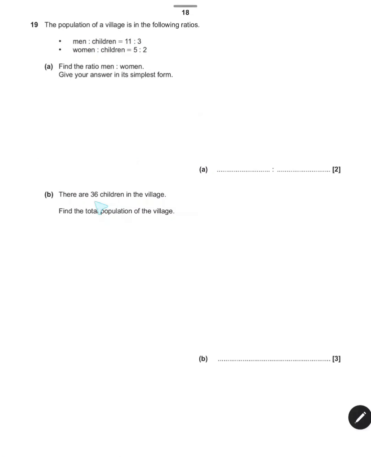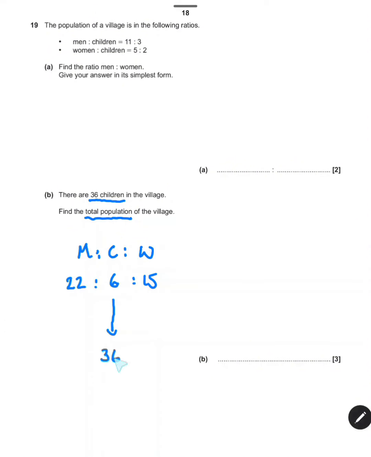Part B of the question, we're told that there are 36 children and we want to find the total population. I'll rewrite the ratio that we just found in part A. If we're told that there are 36 children, we can see how we've gone from 6 to 36 through multiplication. We've multiplied by 6.